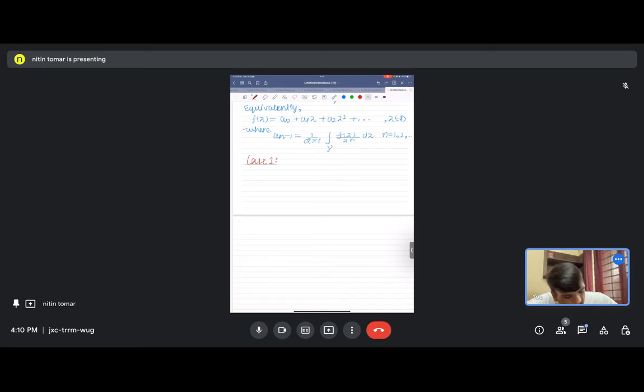In option 1, it has been given that this integral for f is 0 for every even number n in N. Then what is the relation between f(-z) and f(z)?